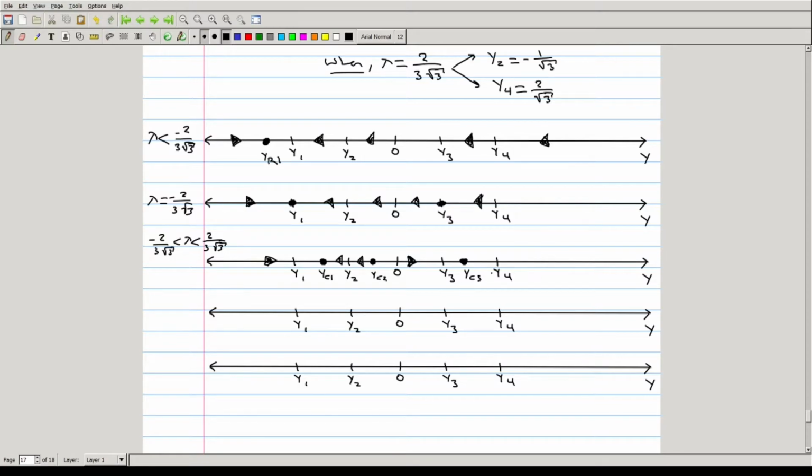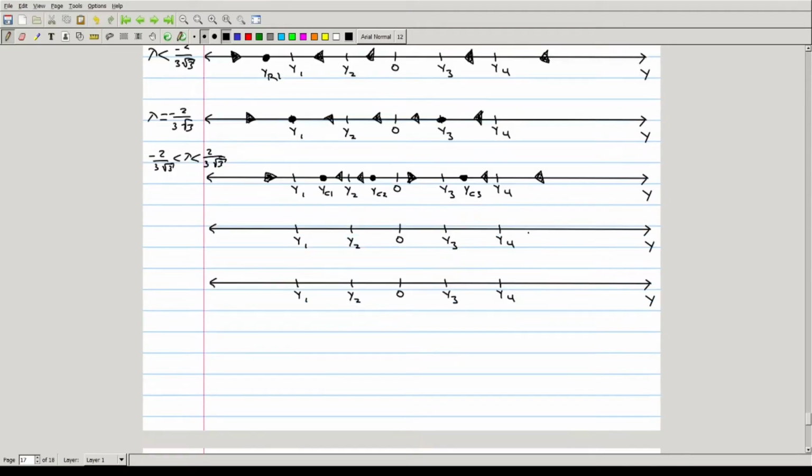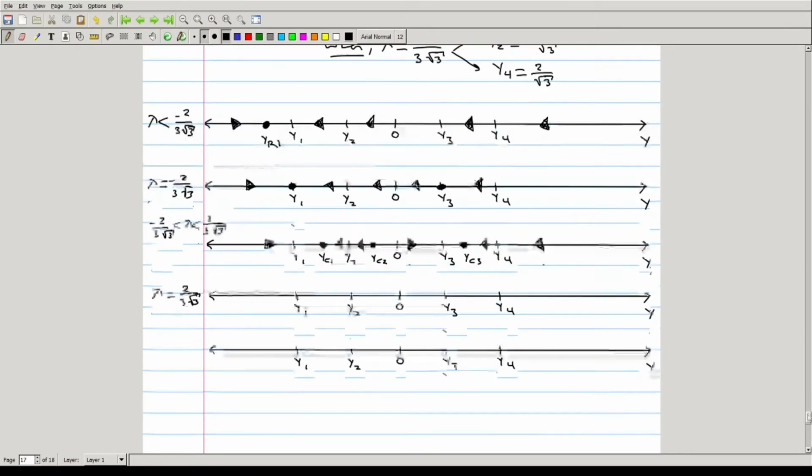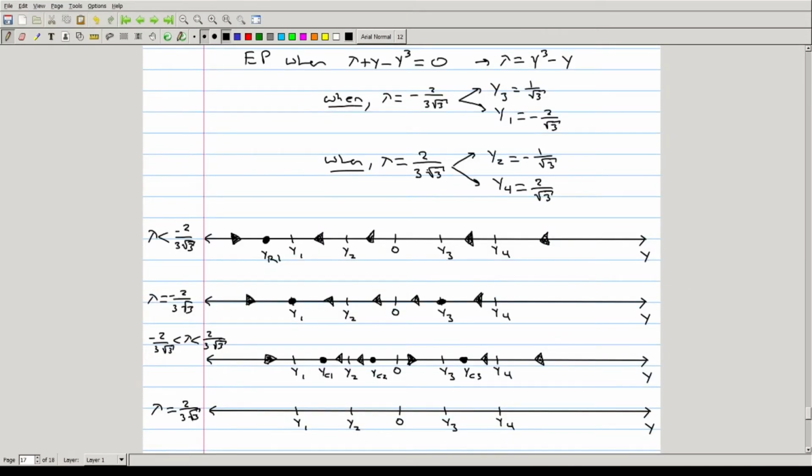And when y is greater than yc3, it will again be negative. And this is the case until lambda reaches positive 2 over 3 root 3. In which case, as we saw before, and it's easy to go through and check this, when lambda equals 2 over 3 root 3, we have two roots, y2 and y4.